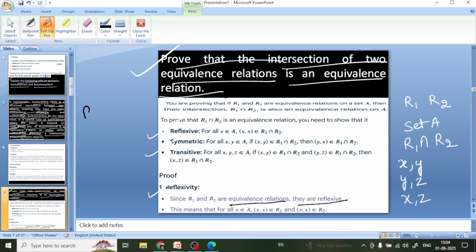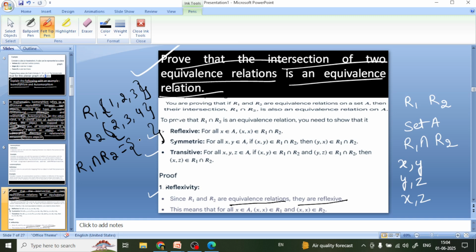For example, you have been given one relation, 1, 2, 3, and another relation, 2, 3, 4. You have been given two relations. When we take their intersection, we get 2, 3 as the answer.